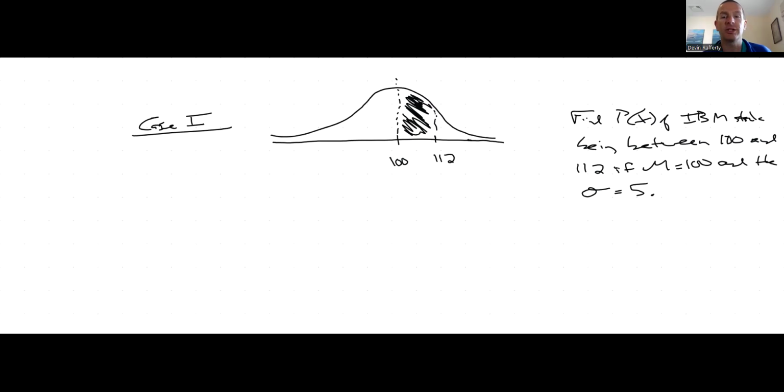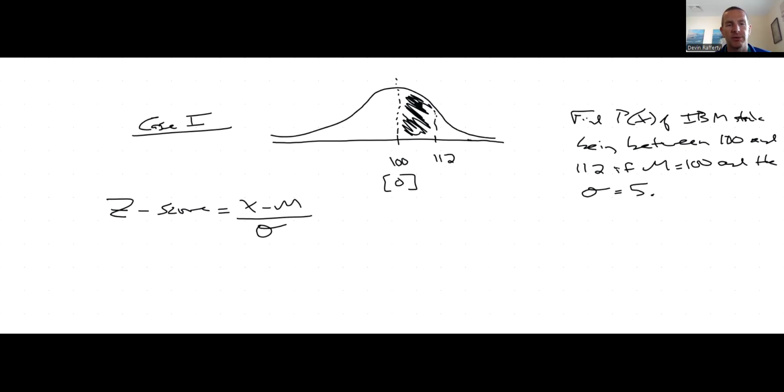The way is that I convert to z-scores. I always convert to z-scores. The first thing you do is you convert anything into a z-score. How do you convert to a z-score? A z-score is equal to x minus mu over sigma. So 100 becomes 0. Why? Well, 100 minus 100 is 0, and 0 divided by anything is 0.